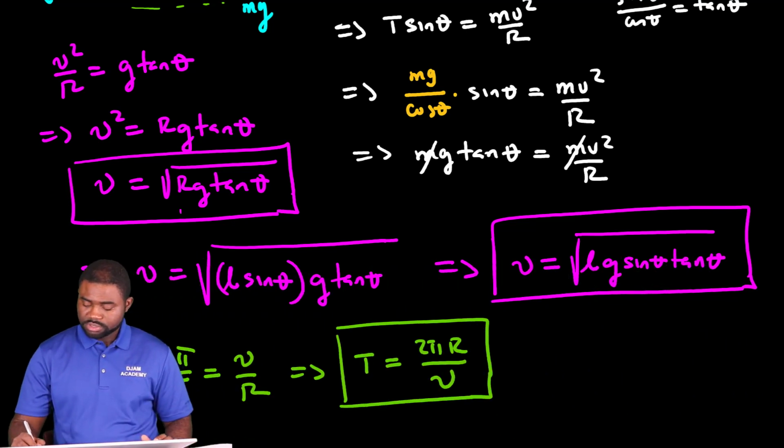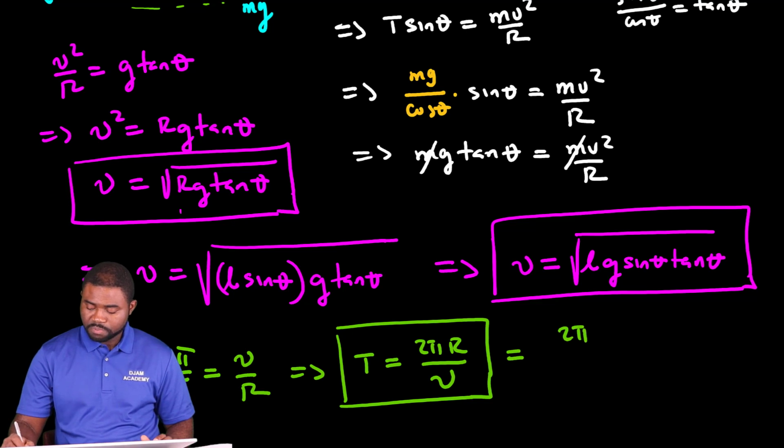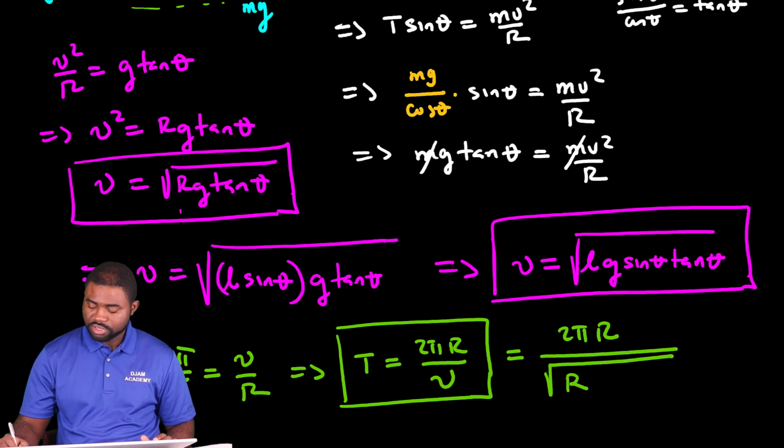In other words, this is equal to 2 pi r divided by the square root of rg tan theta.